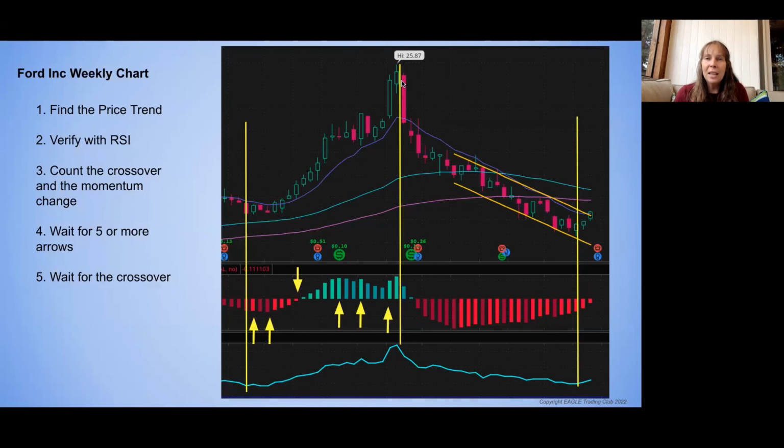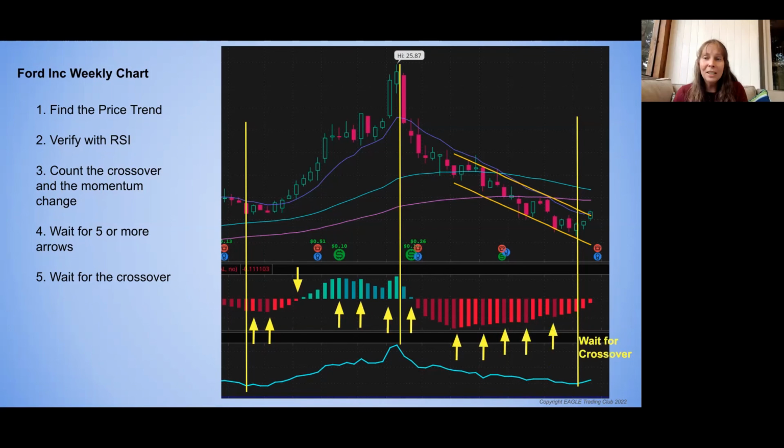Then you take that same point, which is your high with your RSI, and find your bottom with the RSI. Now you've got your downward trend, and we're looking for 5 points or more to suggest that the trend has changed. And there's a lot of them.